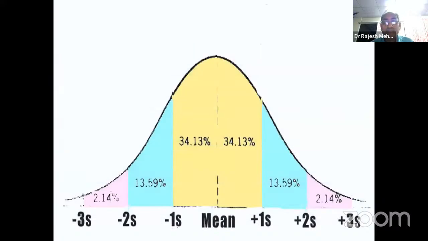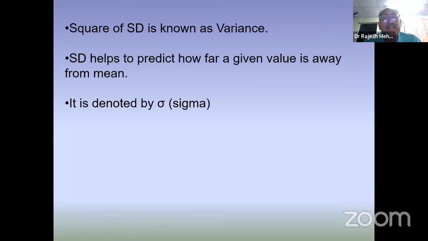Either you write sigma or SD, it's okay. Now, this is a curve. Before we go to this curve, let me tell you that with standard deviation, you are measuring distance, like measuring the distance between two patients in the ward by 1 meter, 2 meter, or when you measure the weight of a person in kg, or temperature in centigrade or Fahrenheit.